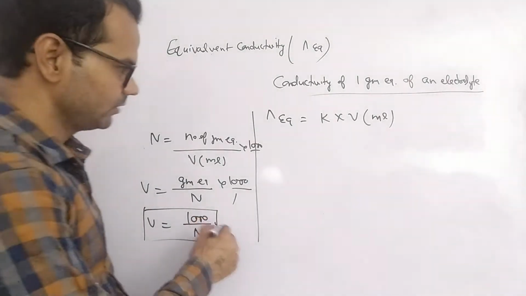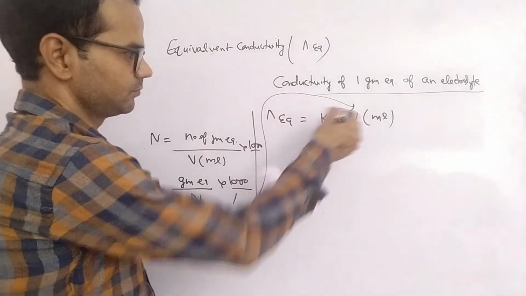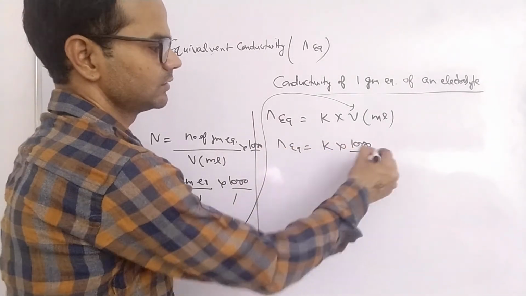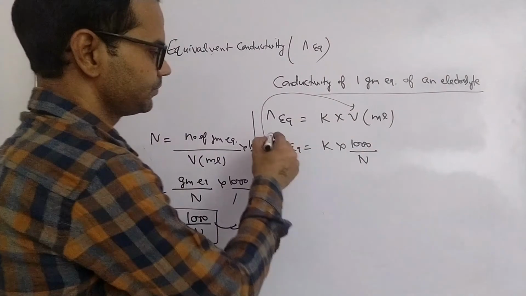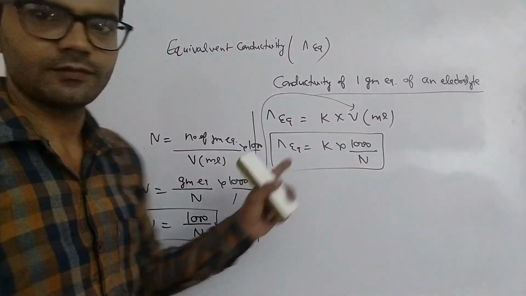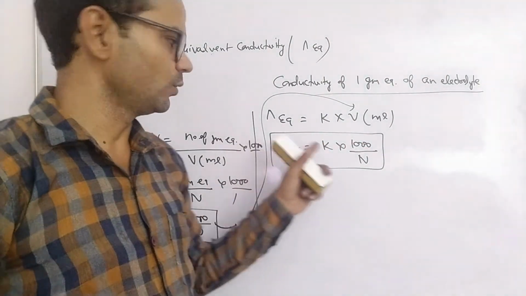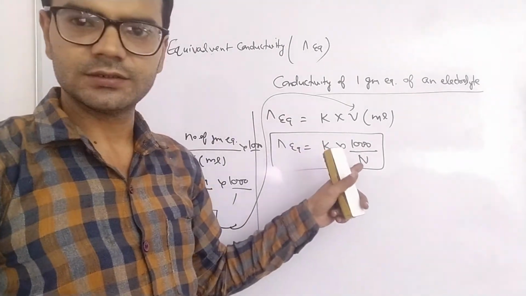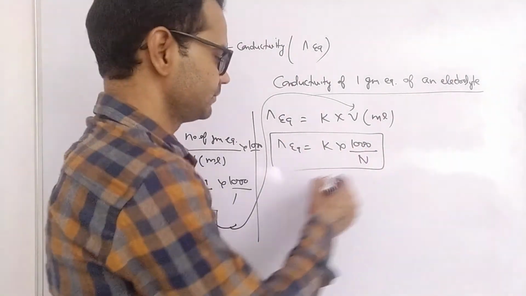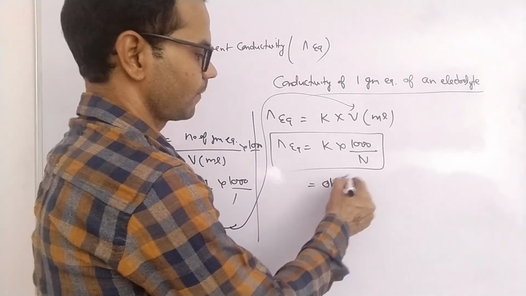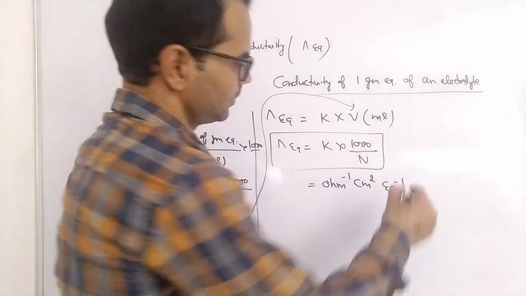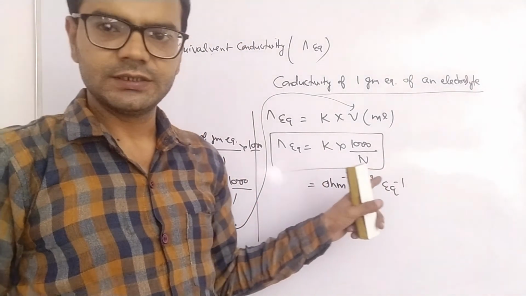So we can put the value: equivalent conductivity equal to K into 1000 by N, and N is the normality of a solution. Again, unit will be ohm inverse centimeter square per equivalent.